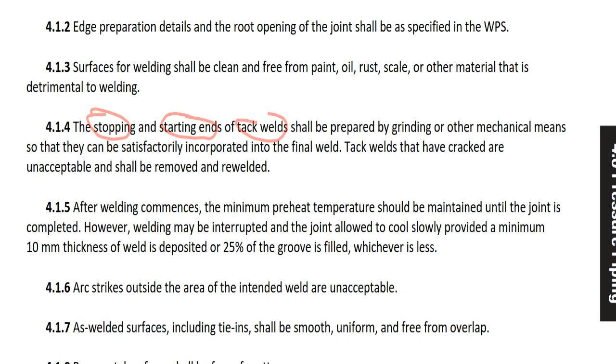Stopping and starting ends of tack welds should be prepared by grinding or other mechanical means so that they can be satisfactorily incorporated into the final weld. Tack welds that have cracked are unacceptable and should be removed and rewelded.